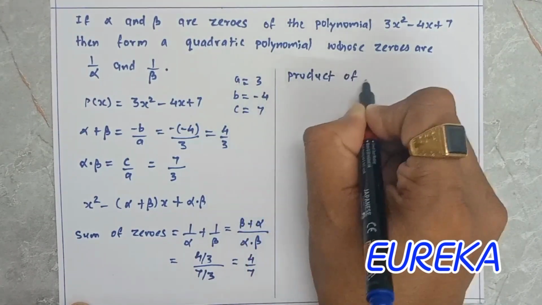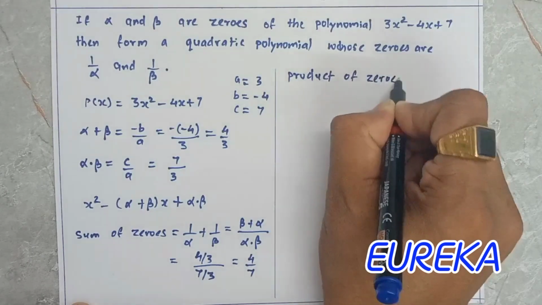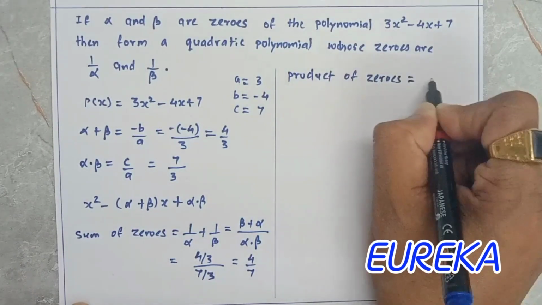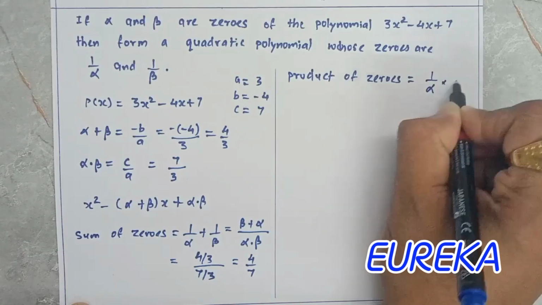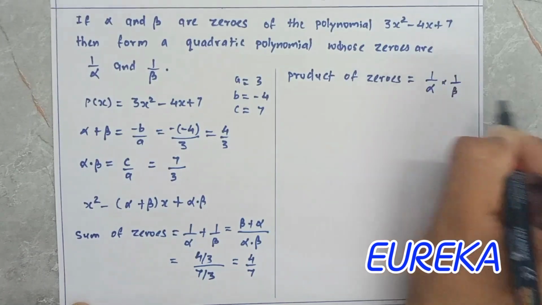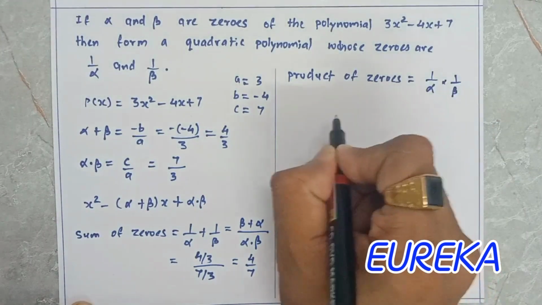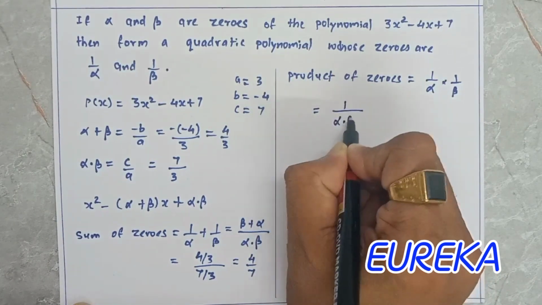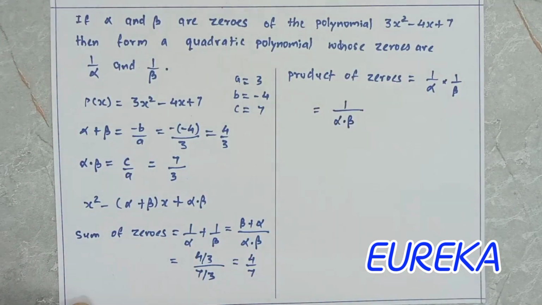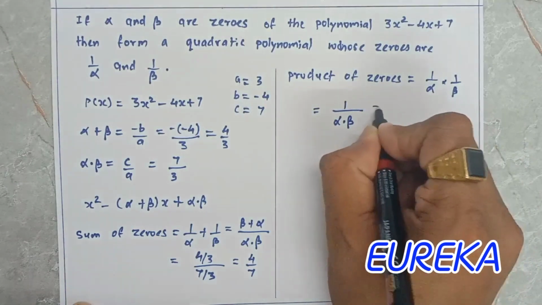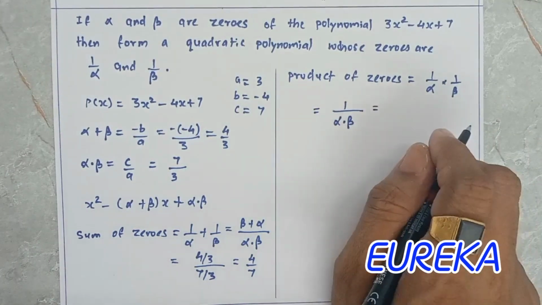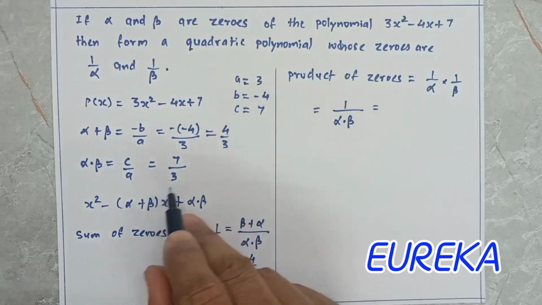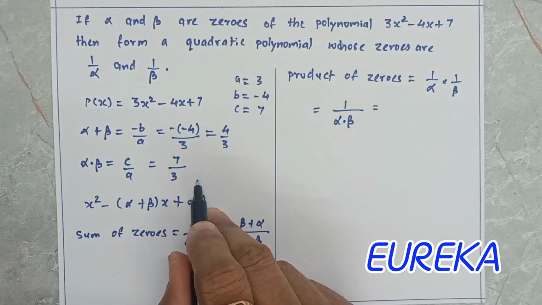Now the same way we need to find the product of zeros for the new polynomial. Now what is the product of zeros? 1 upon alpha into 1 upon beta. So what do we get? 1 upon alpha into beta. Correct? So what is alpha into beta's value? Alpha into beta's value is 7 by 3.